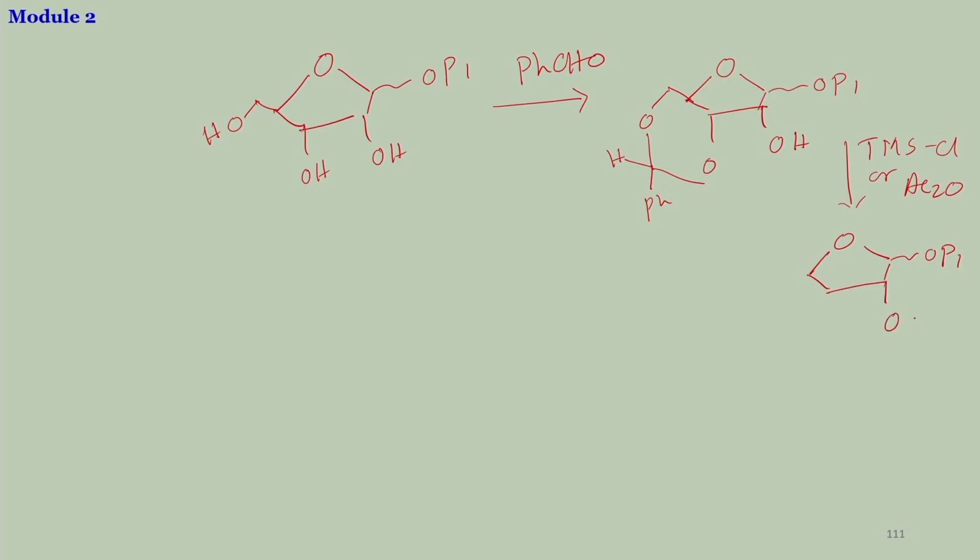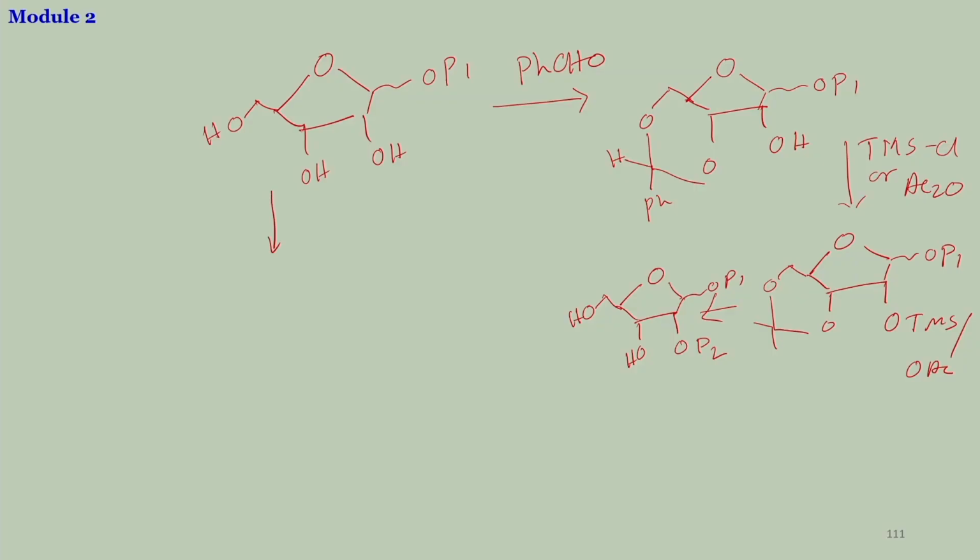So this will be OTMS, or it can be OAc, and this will still remain protected, and then you can open this up. I am writing OP2, this will open up. So you can get a selective protection on the 2 prime position. This is kind of an old technique.